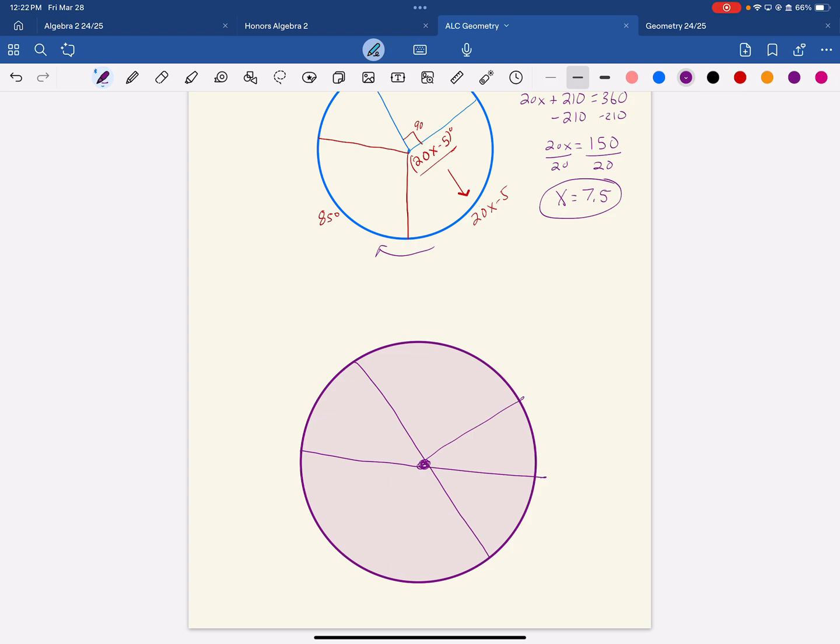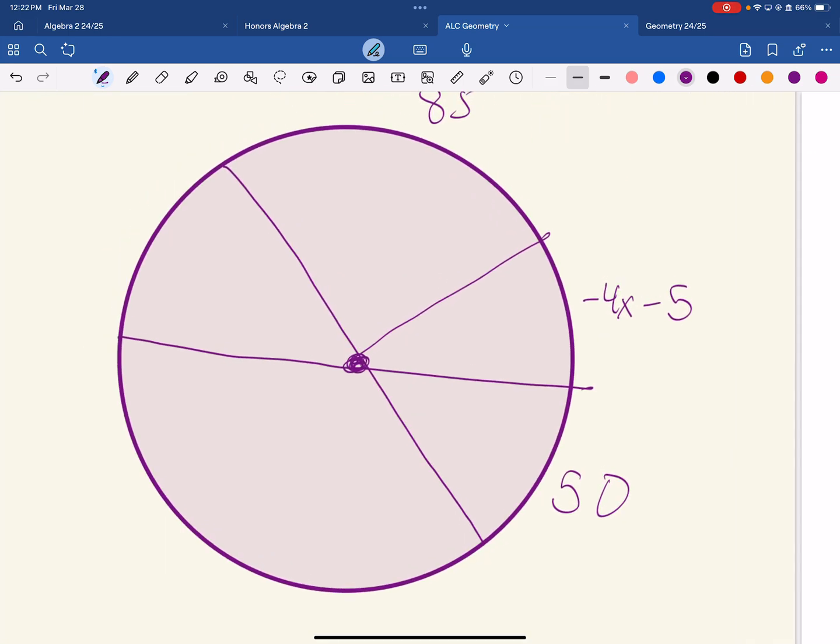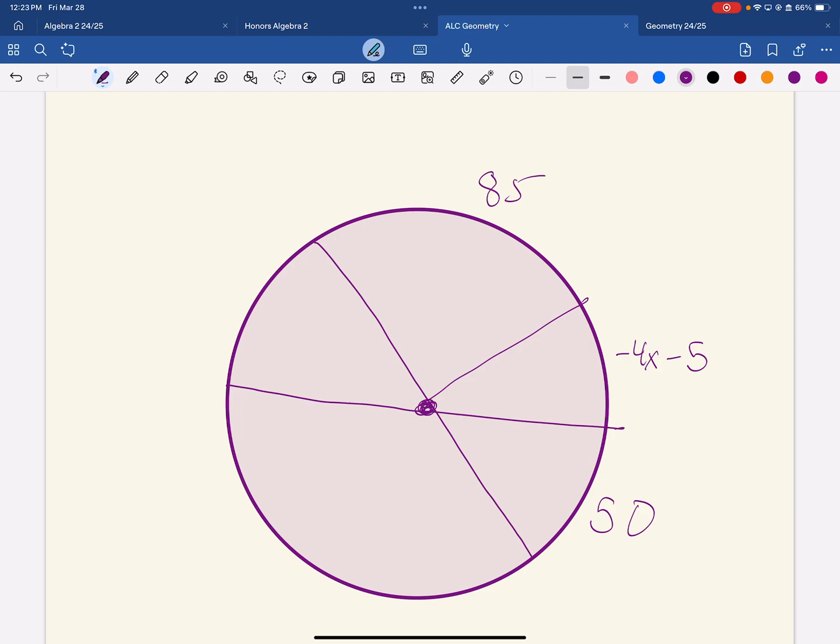So this right here is negative 4x minus 5. This is 85. And this is 50. We want to find the value of, we're going to solve again for x. So here's my drawing.